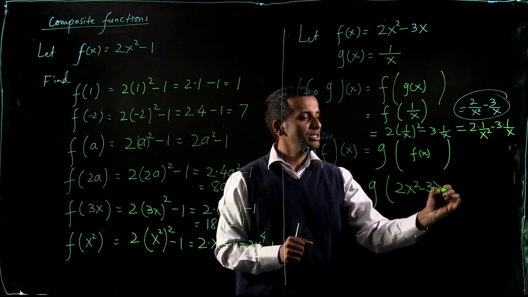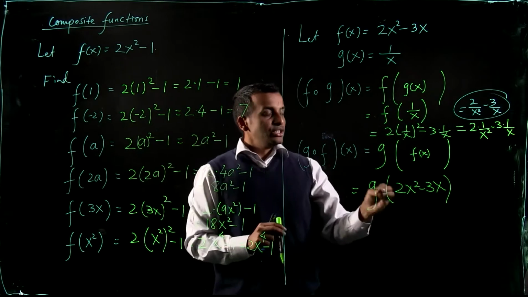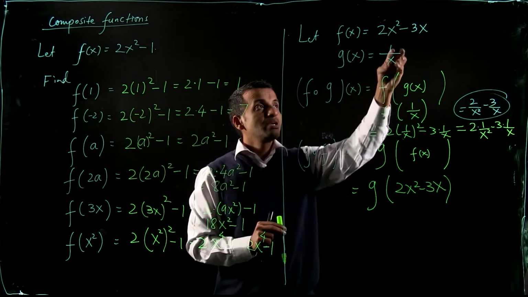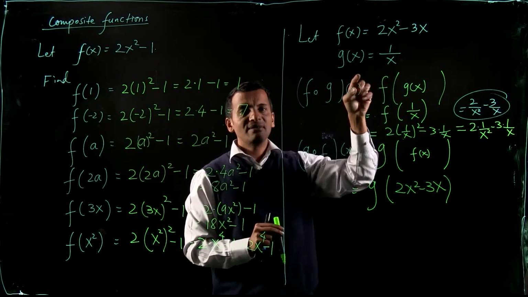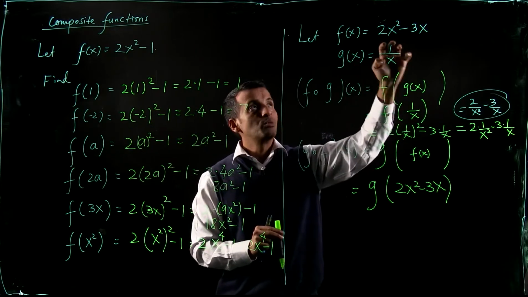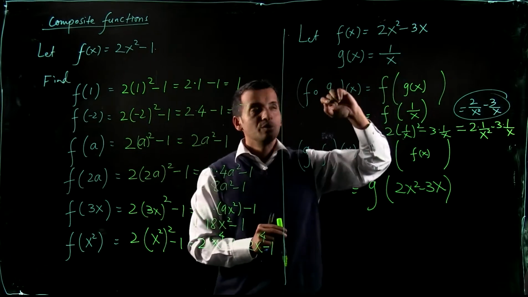Now, if there is x in the function g, then g(x) is 1 over x. We can describe this like input and output. x is the input and this is the output.